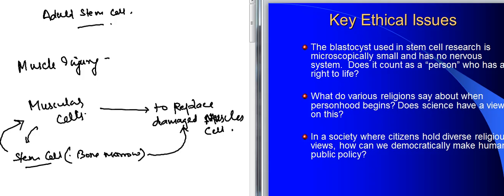So that is also an issue in getting stem cells. The second issue is that there are religious issues as well, and even some societies are not in favor of this. That's why we are still trying to learn about it, and we are finding out what the benefits are and how they are going to make humans disease free.